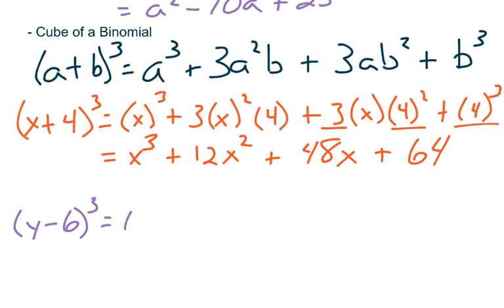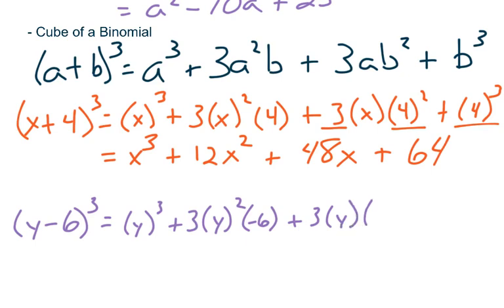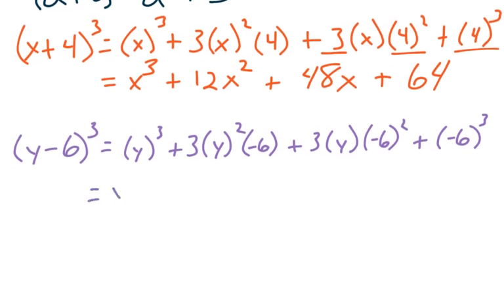We start with our first term, so we're going to have y cubed plus 3 times our first term again, y squared, times our second term, negative 6, plus 3 times y times negative 6 squared, plus negative 6 cubed. We're just filling in our a's and our b's. y cubed is, well, y cubed again. 3 times negative 6 is negative 18y squared.